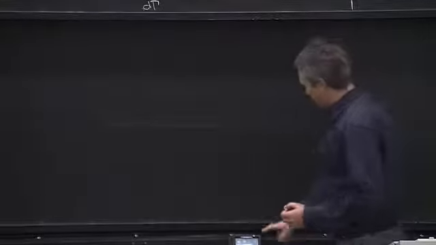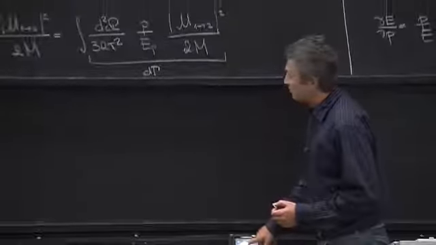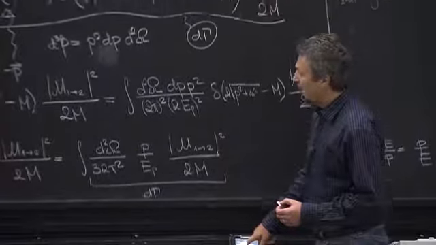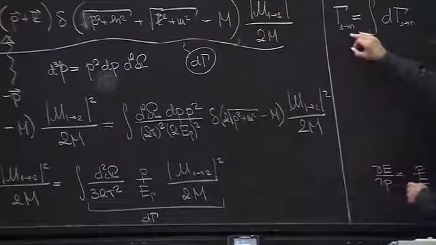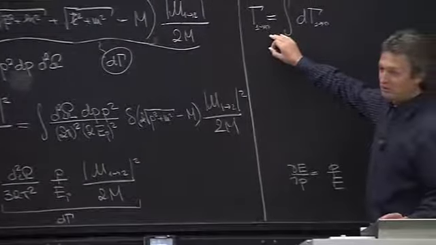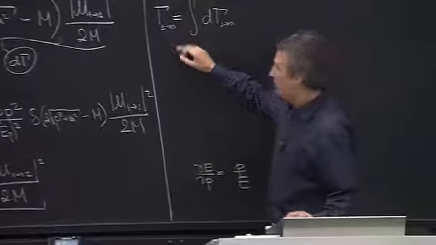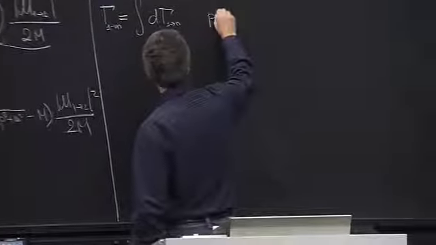So then what do we do next? Well, we can compute the total width of decay into n particles. So this is called partial decay width.